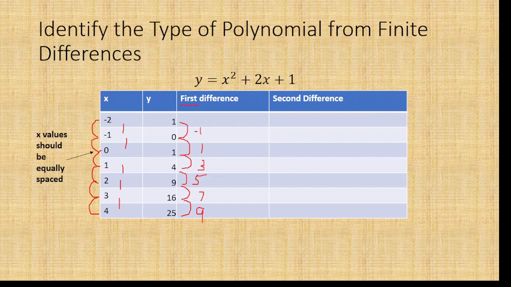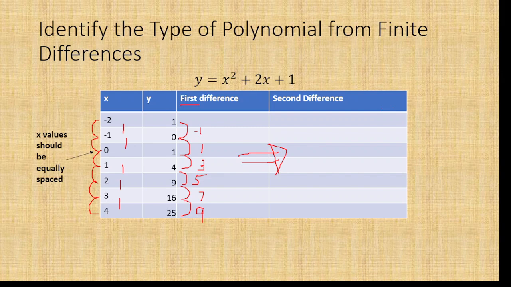If they are not equal to one another, we have to move to the next step, and that is finding the second difference. How do we find the second difference? Now instead of y values, we are going to consider these first difference values.